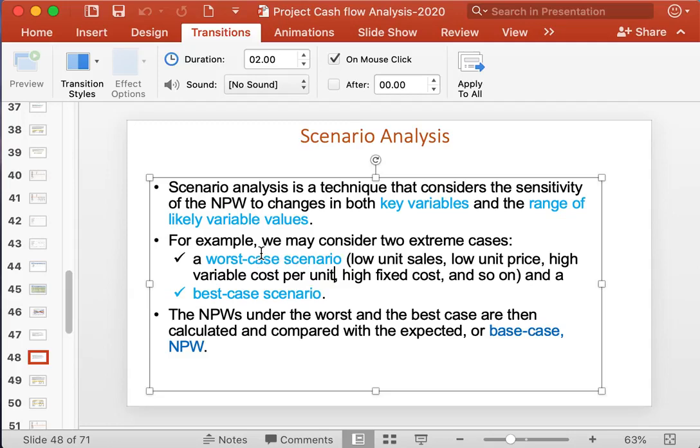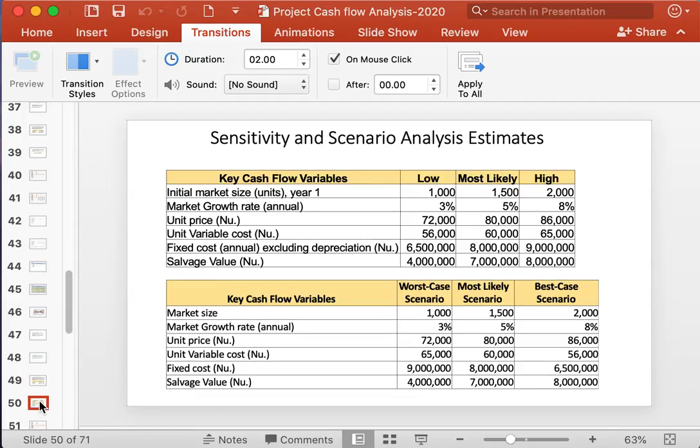If you see here and compare with the sensitivity analysis, the values taken for each key variable for sensitivity analysis and the likely values of the key variables for scenario analysis.